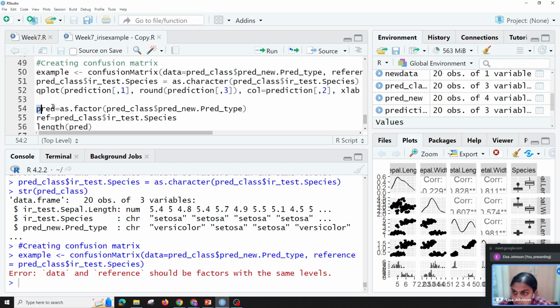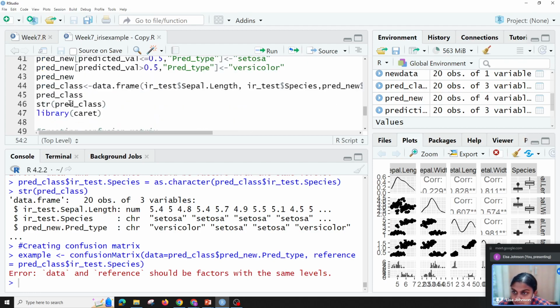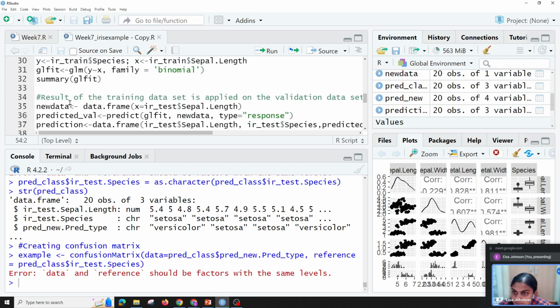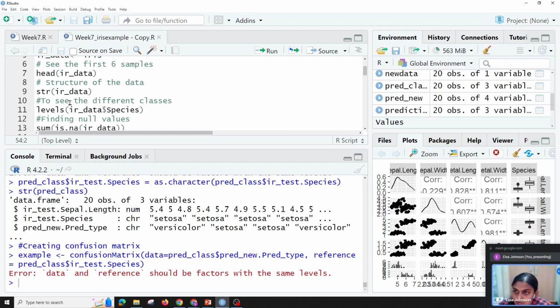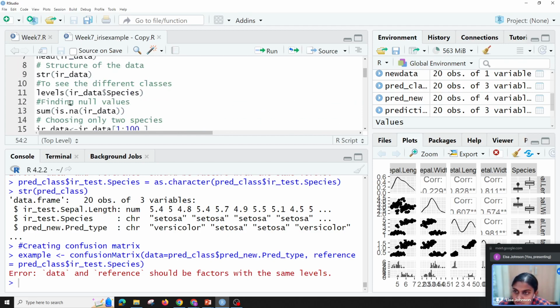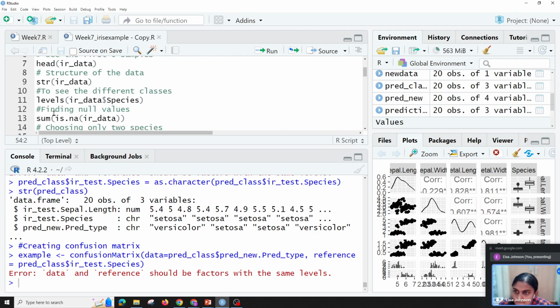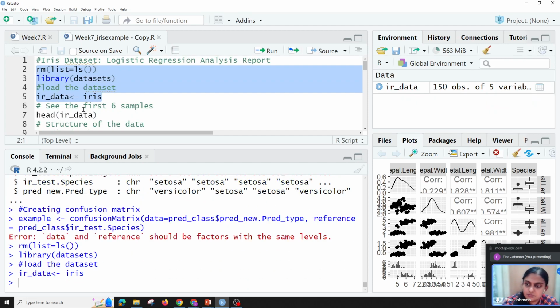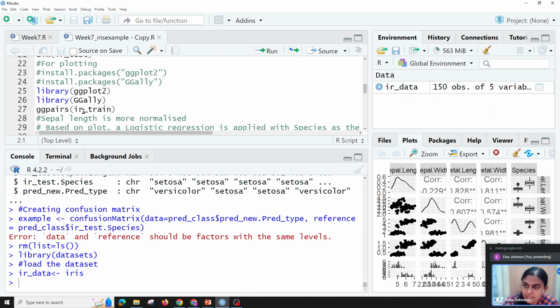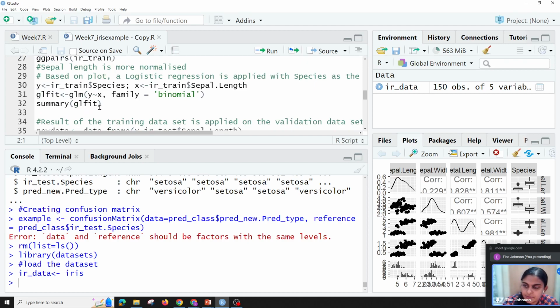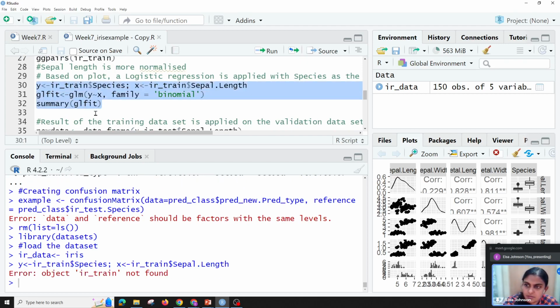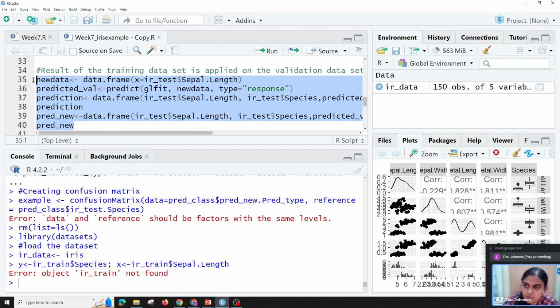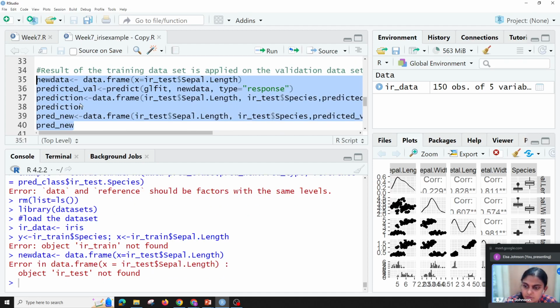Okay, so I load that and then give this one and this one.